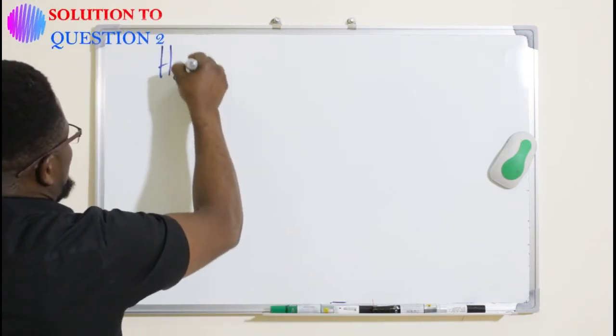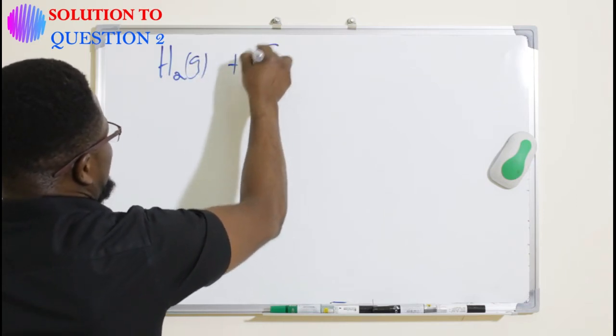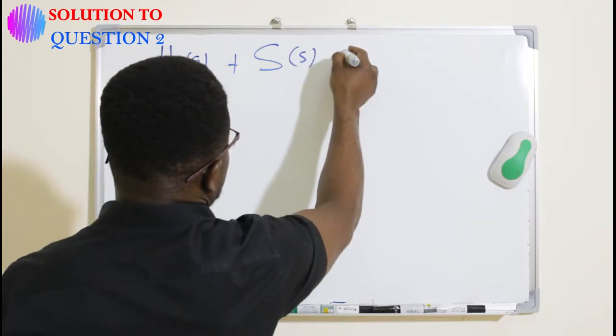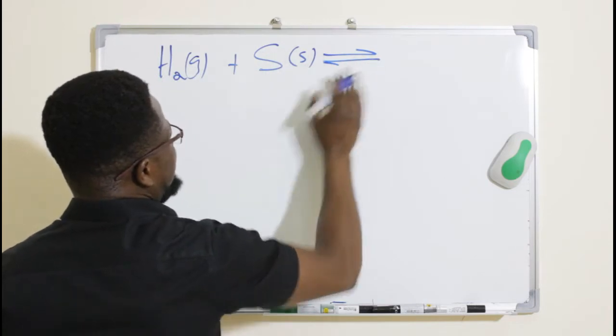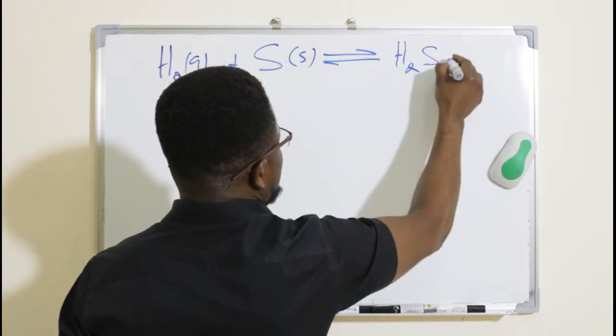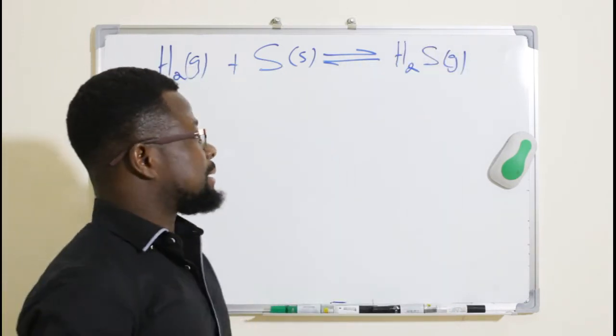It is H2 gas that is reacting with sulfur powder, which is solid, and this is a reversible reaction, giving us H2S gas.